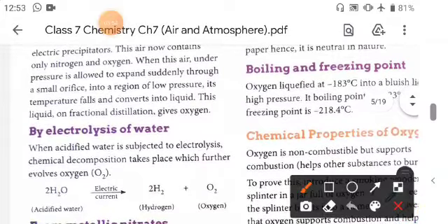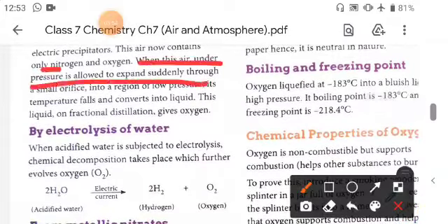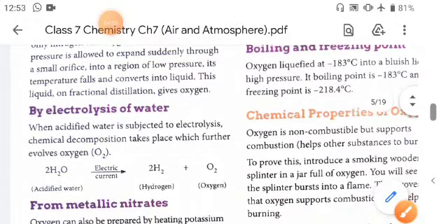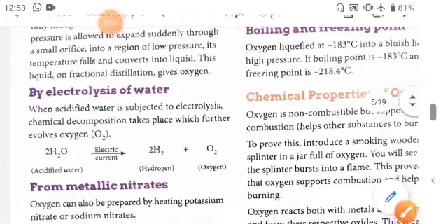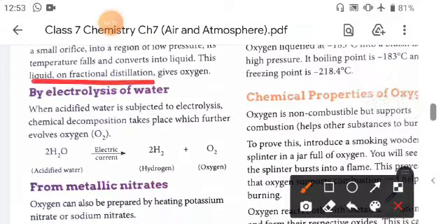When this air under pressure is allowed to expand suddenly through a small orifice into a region of low pressure, its temperature falls and it converts into a liquid. This liquid, on fractional distillation, gives oxygen. This is important.